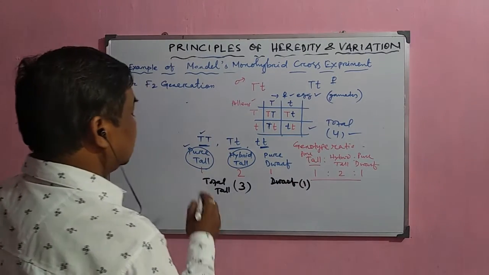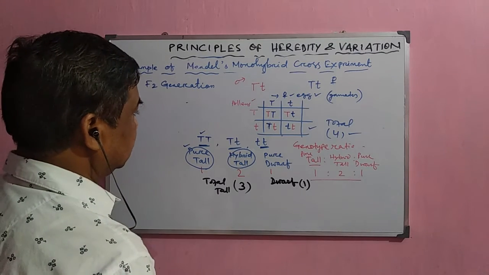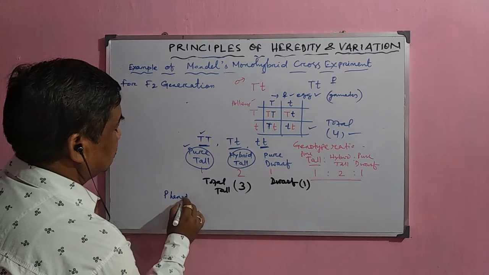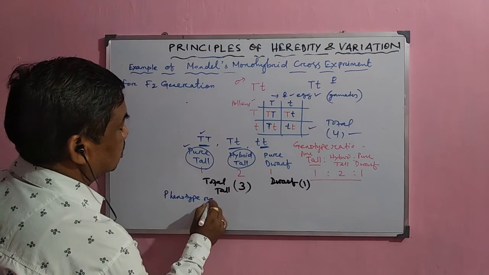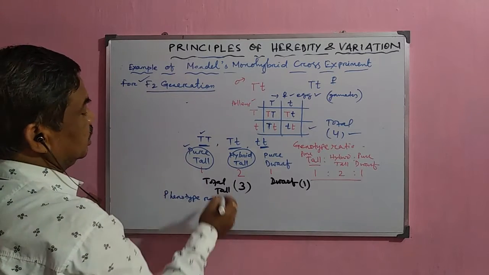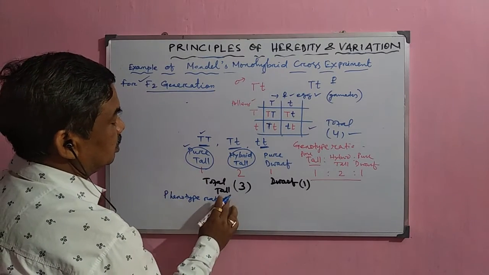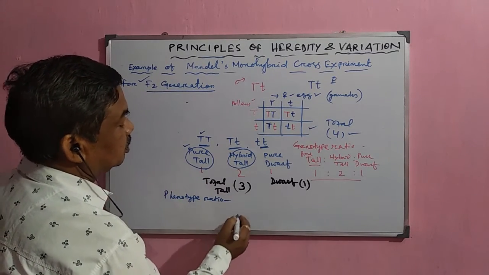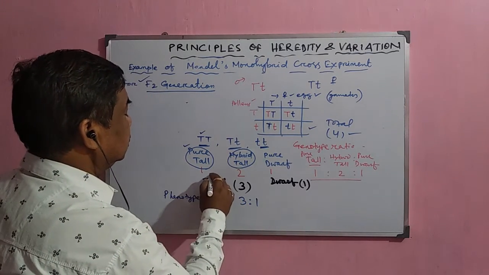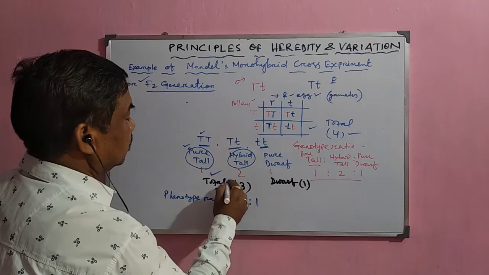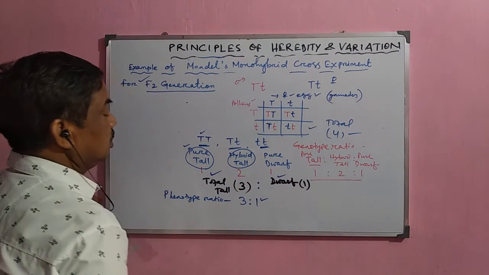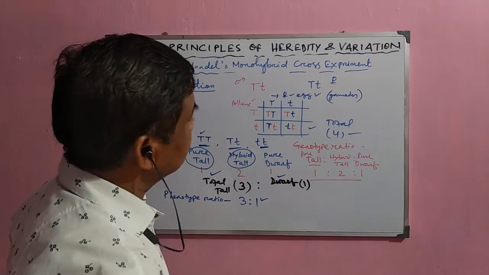That is called the phenotype ratio. Now in the F2 generation, the phenotype ratio is 3:1. The tall plant to dwarf plant is 3:1, and this is called the phenotype ratio.